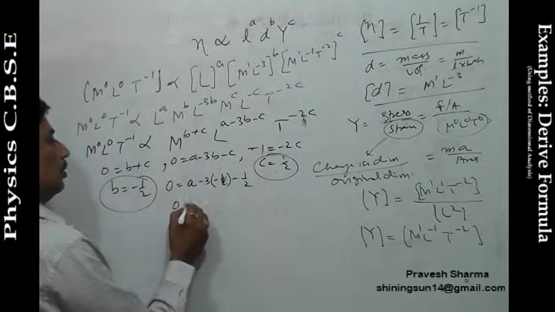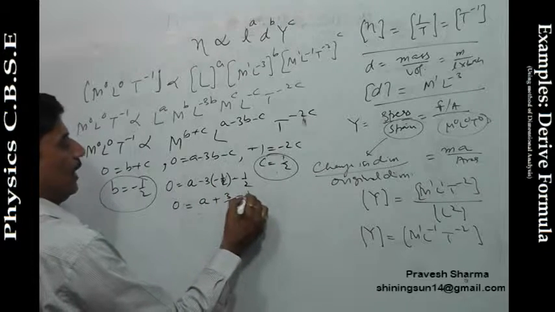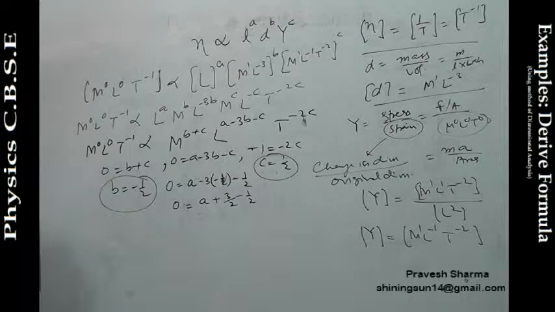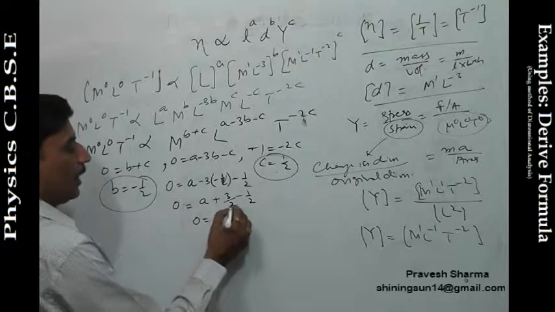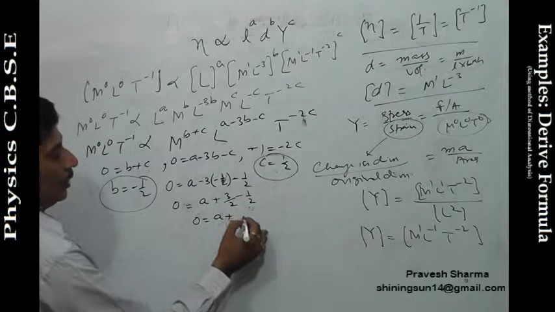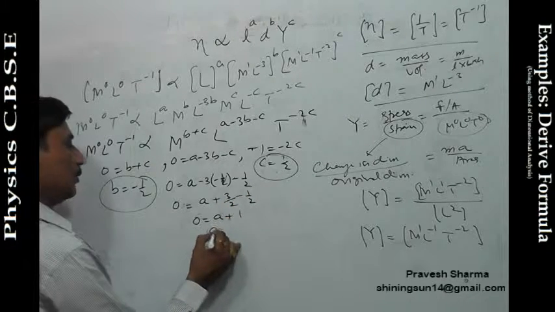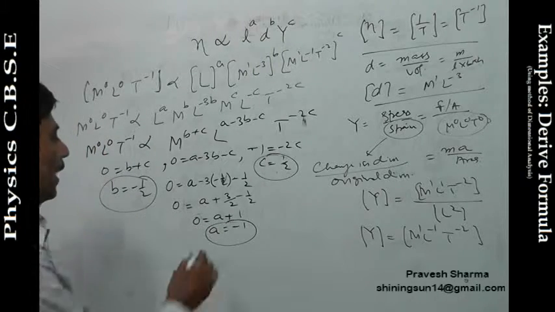So 0 is equal to A plus 3 by 2 minus 1 by 2. 3 minus 1 is 2, 2 by 2 is 1. So this implies A is equal to minus 1. So we get the value of A as minus 1.